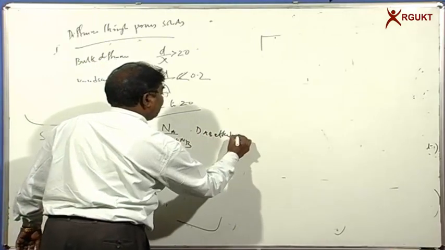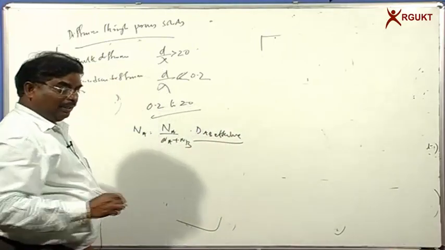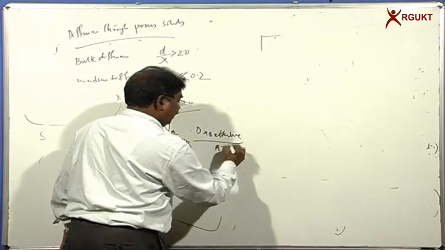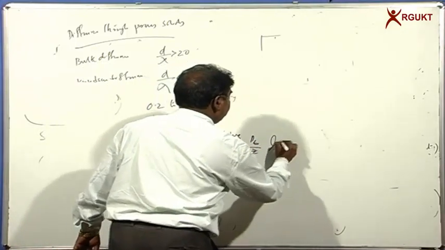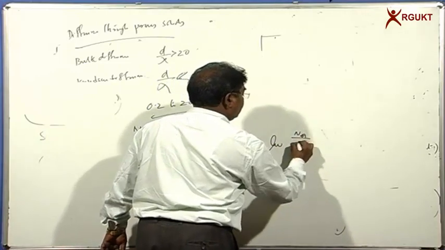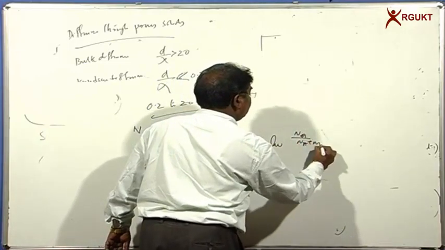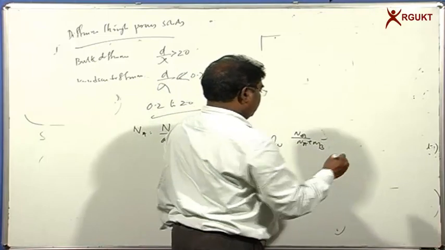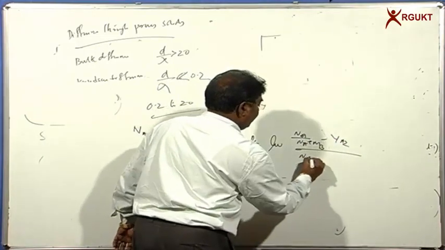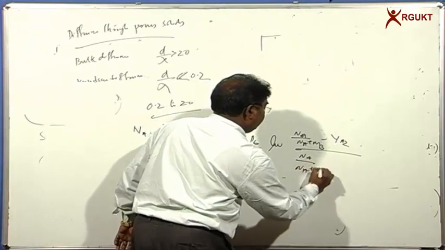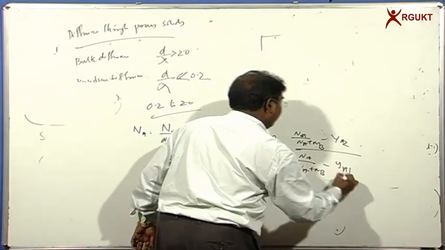We don't use the DAB value, we use the DAB effective, divided by RT into PT by Z ln of (Na by Na plus NB minus Ya2) divided by (Na by Na plus NB minus Ya1).